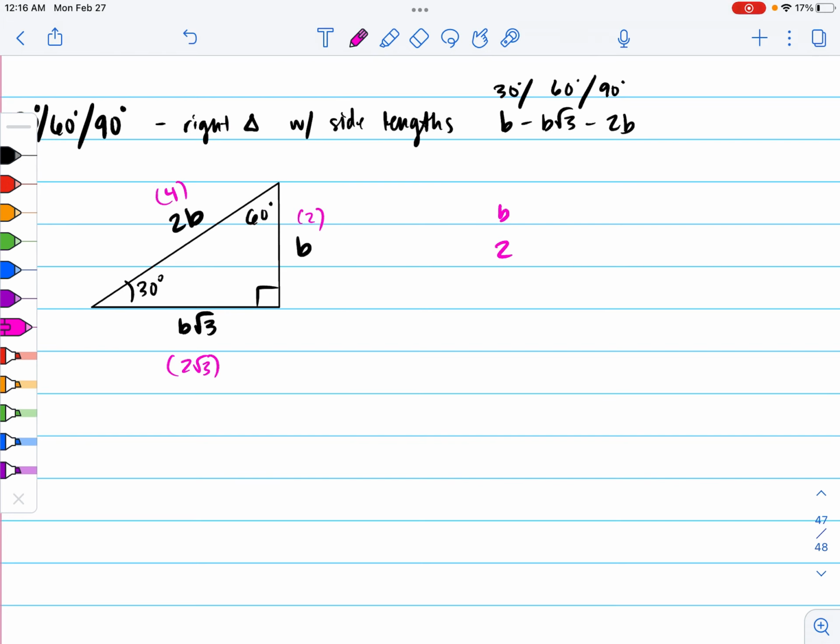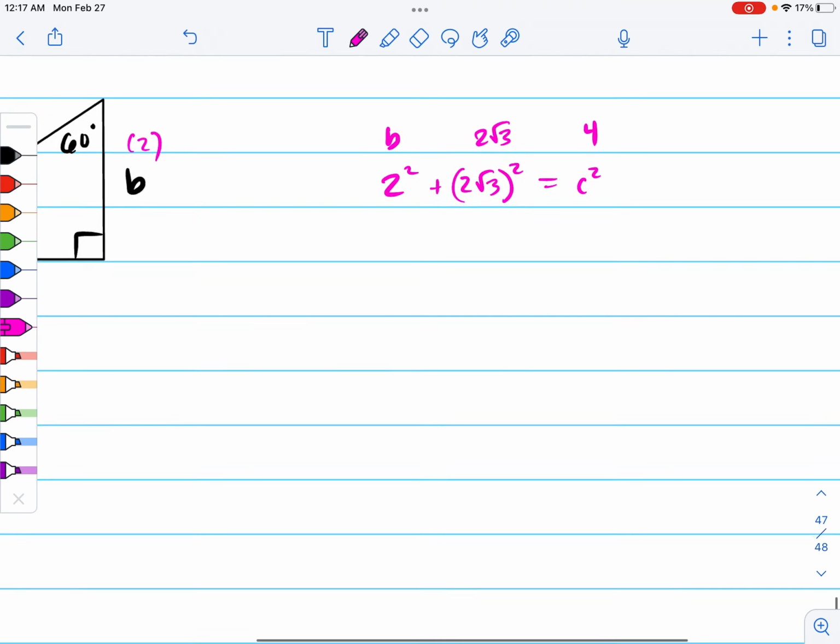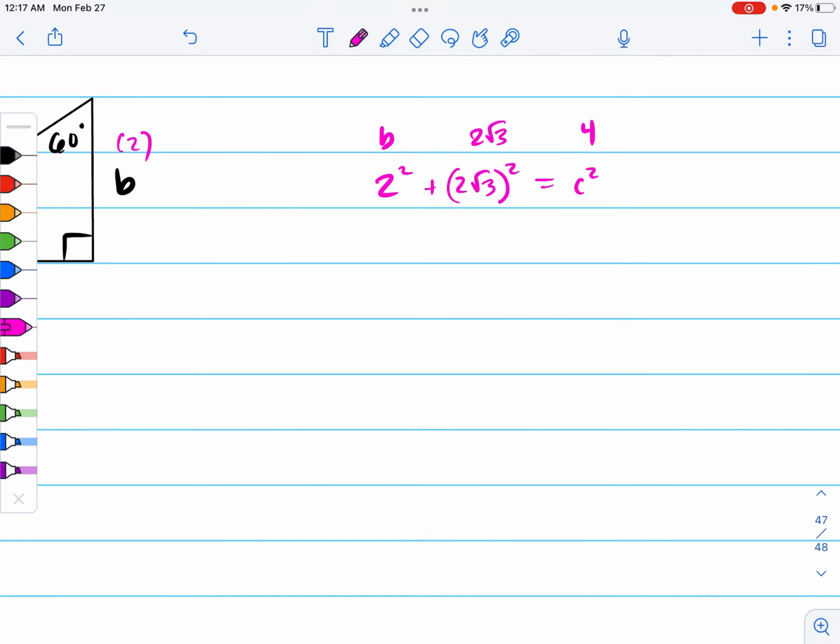So if we did this correctly, let's say the 60-degree side is 2 root 3. In our Pythagorean theorem, a squared plus b squared is equal to c squared. We should do 2 squared plus 2 root 3 squared, make sure you put those parentheses, is equal to c squared, and this should be 4.